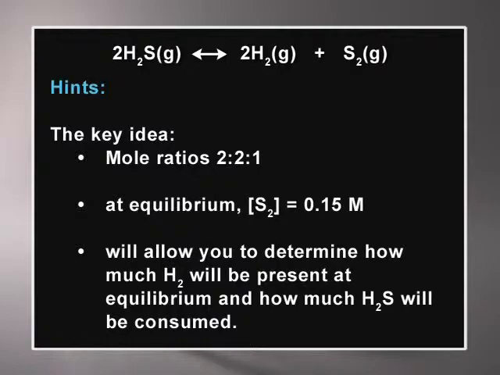Here's what I mean. You can't form sulfur without at the same time forming hydrogen. So if you know how much sulfur you produced at equilibrium, the stoichiometry of the equation should allow you to figure out how much hydrogen was produced and also how much H2S had to be consumed to do this. And remember, to calculate K, you need to know the equilibrium concentration of H2S.